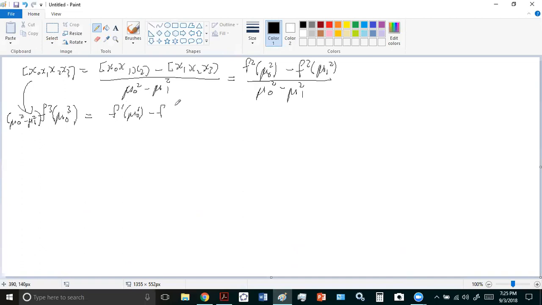Just a moment. Let me write this down so that I don't make any mistake with the subscripts and the superscripts.